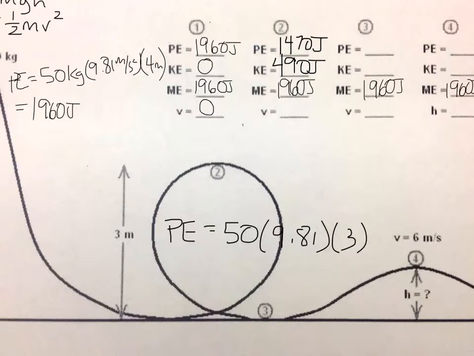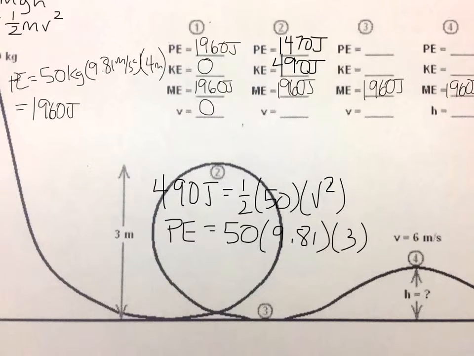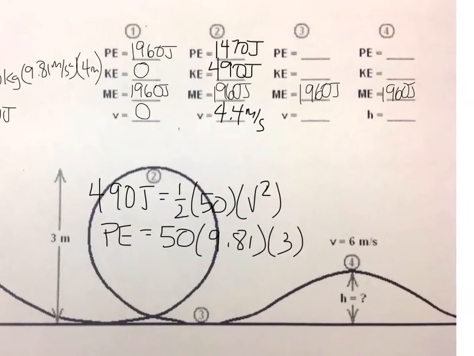And the last piece of this is to solve for velocity, which we can do now that we know the kinetic energy, because the kinetic energy, 490 joules, is equal to 1/2 the mass times v squared. And when we solve for v, we get a velocity here of 4.4 meters per second. And that finishes location 2.